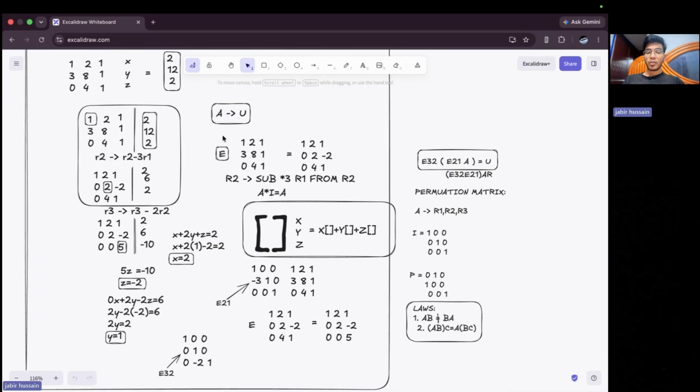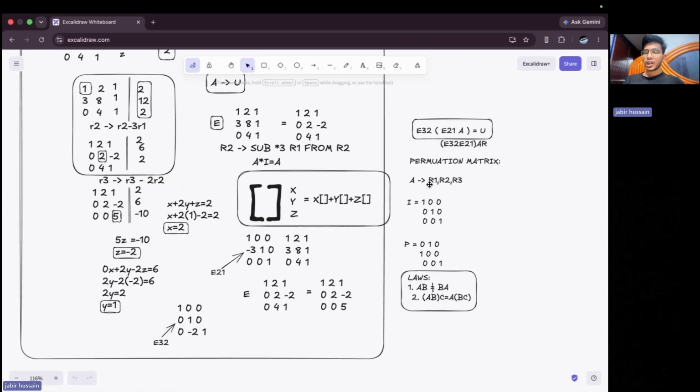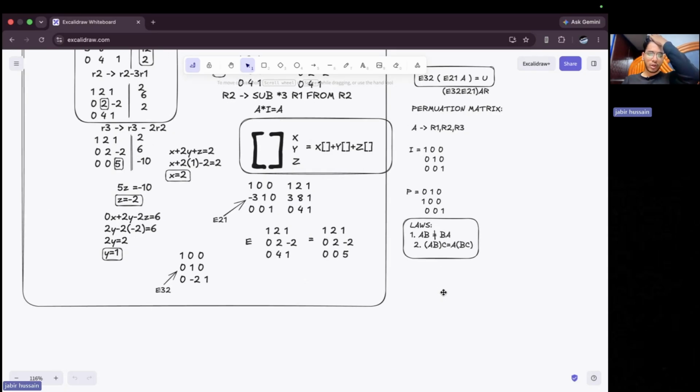Along with it we talked about the elimination matrix, the permutation matrix, and two laws, the associative law and the commutative law.